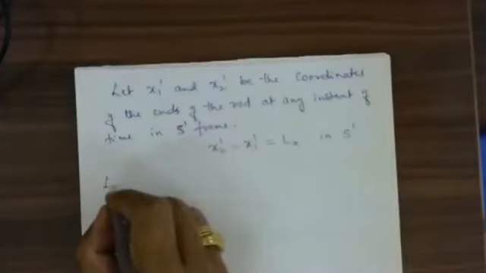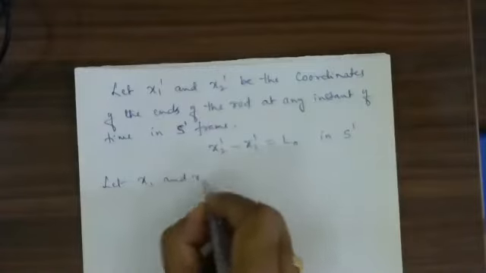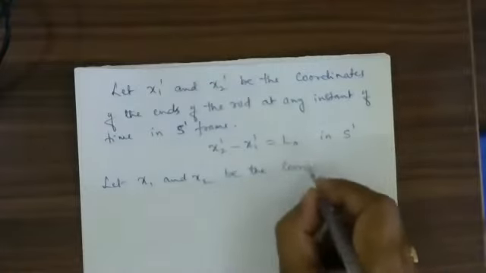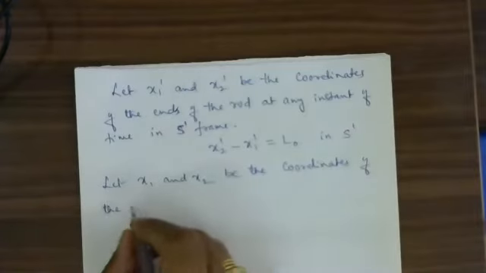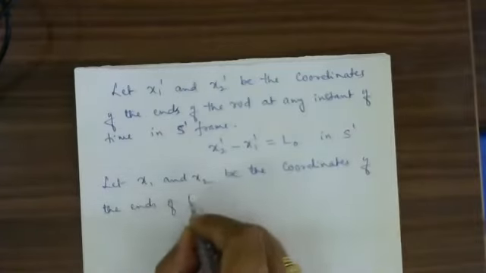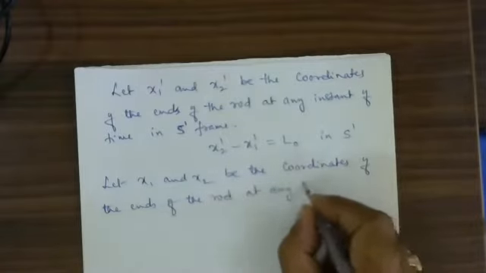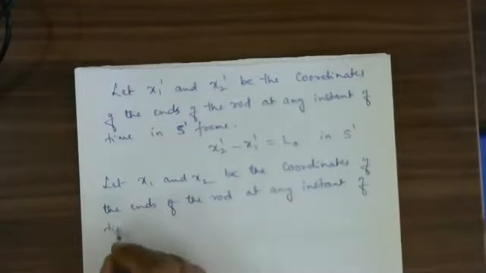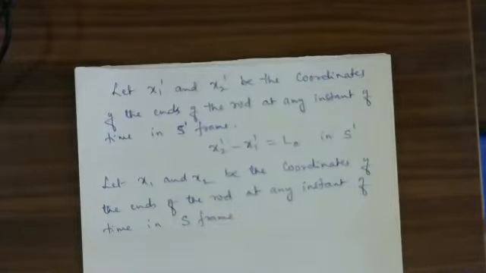Similarly, with respect to S also I have to write: let x1 and x2 be the coordinates of the ends of the rod at any instant, the same statement, in S frame.